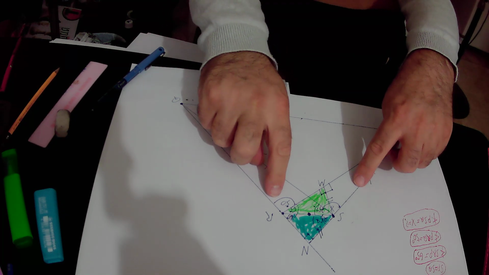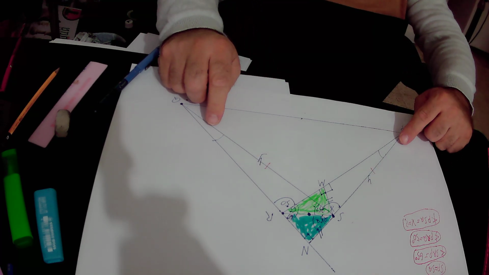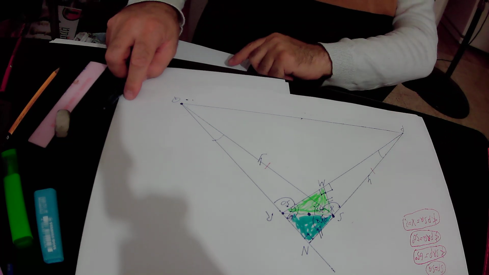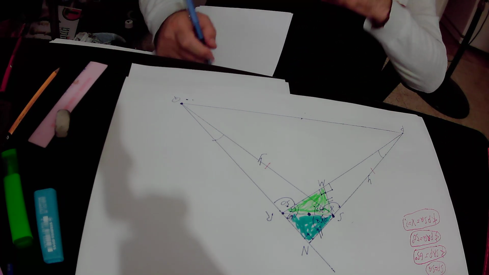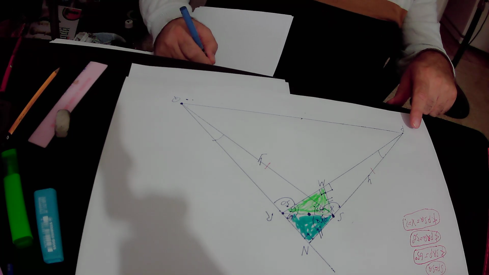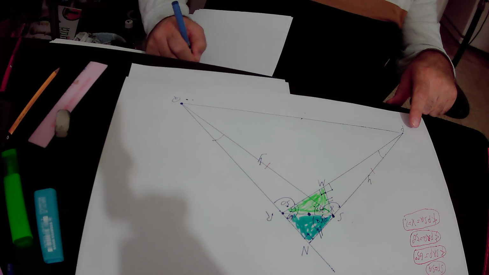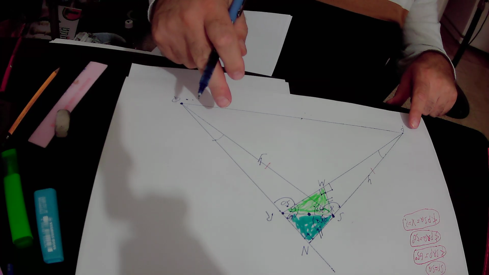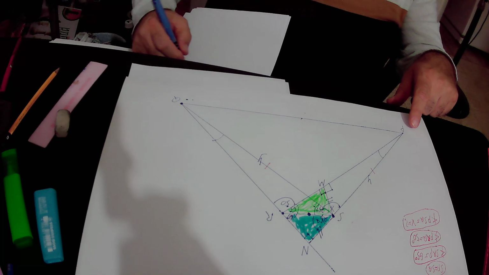Those two triangles can go into each other, therefore these two corresponding angles will be equal to each other. So I will write it down. So angle SPM is equal to angle SQN.